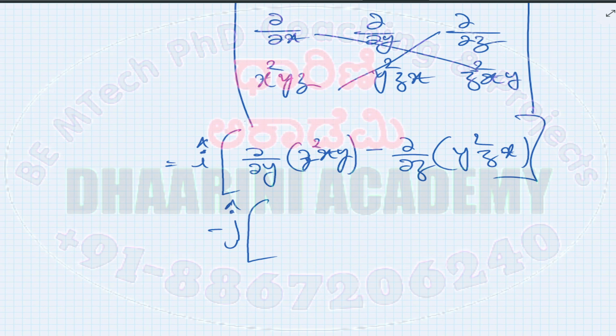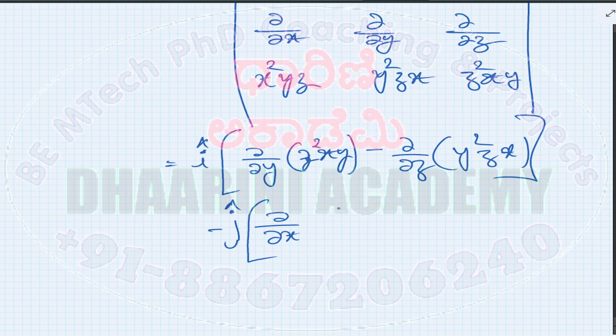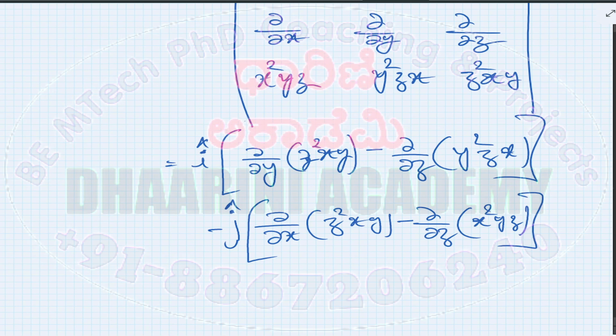Standard way of simplifying the given determinant. So this is ∂/∂x of z²xy minus ∂/∂z of x²yz, is the second term. Then we'll write the third term.